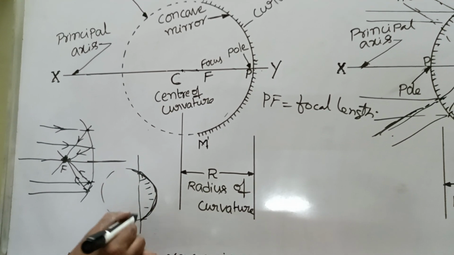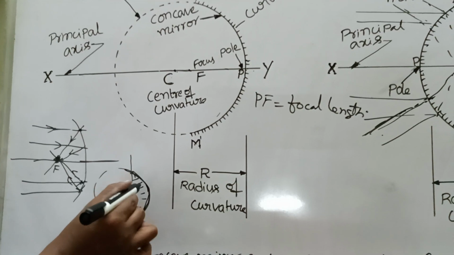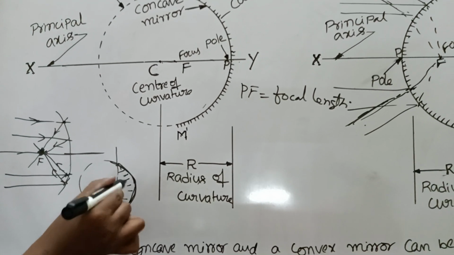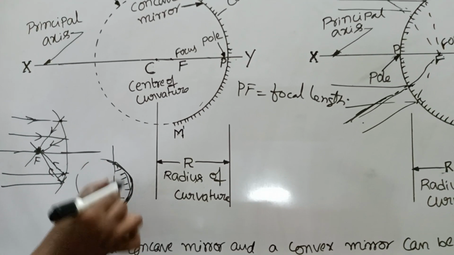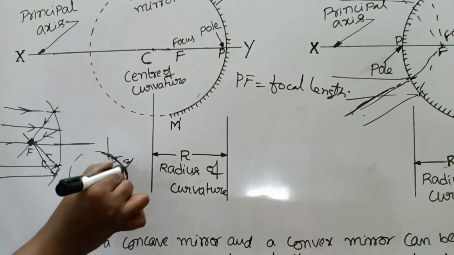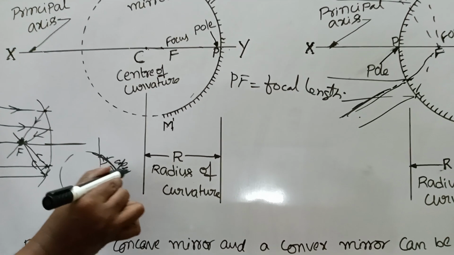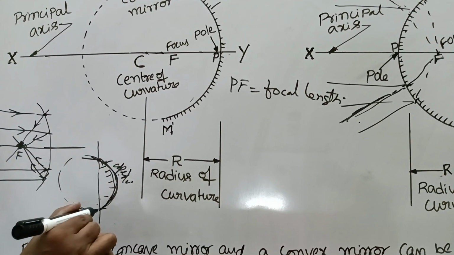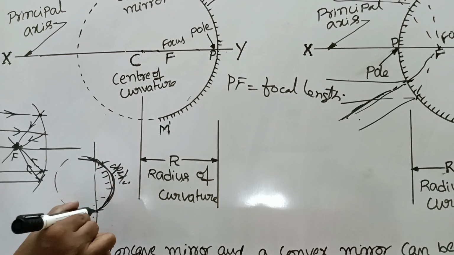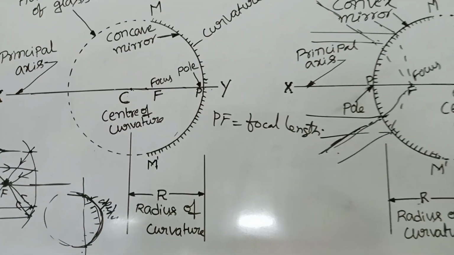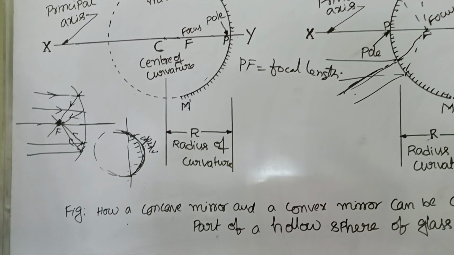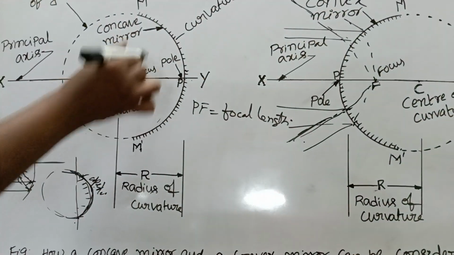The reflecting surface, the part of a sphere which is used for reflecting rays, is called the aperture. Here this portion is called the aperture, and this is called the size of the aperture. So aperture indicates the size of the mirror and the reflecting surface of the mirror.